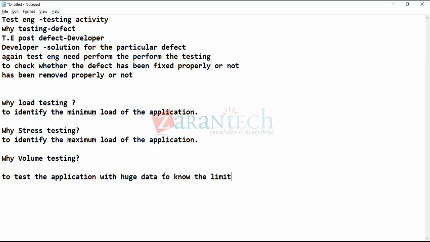Test with huge data to know the limitation of the application. Limitation in the sense that when we execute our application with mighty data, then we can understand whether the application supports it. I'll tell you an example.